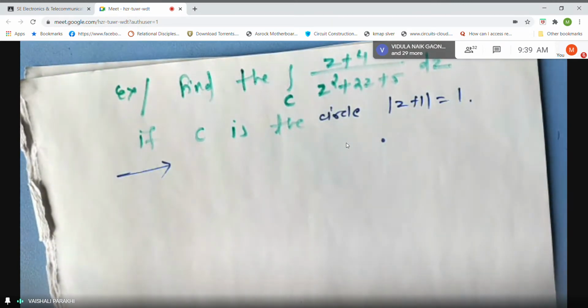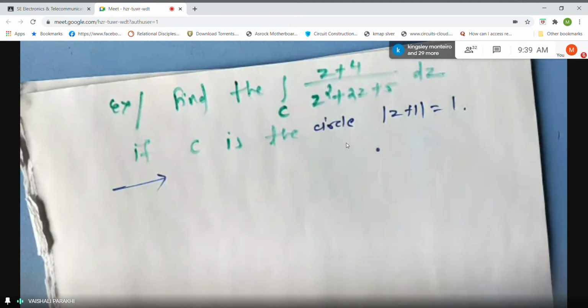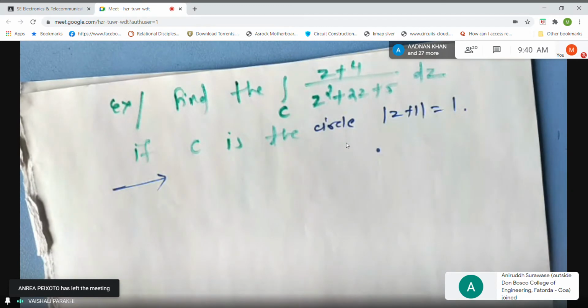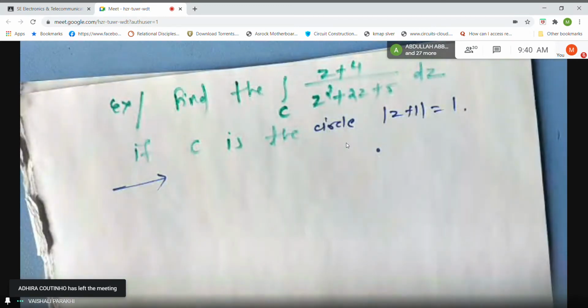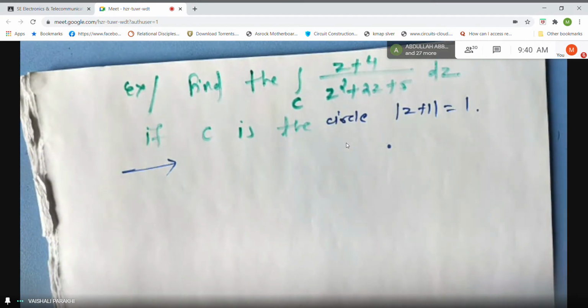Now as I told you, your first step is to draw the curve C. Who will tell me what is the center and what is the radius of the circle? Fazila, can you tell me what is the radius and what is the center of the circle? Quickly. Fazila, can you hear me?